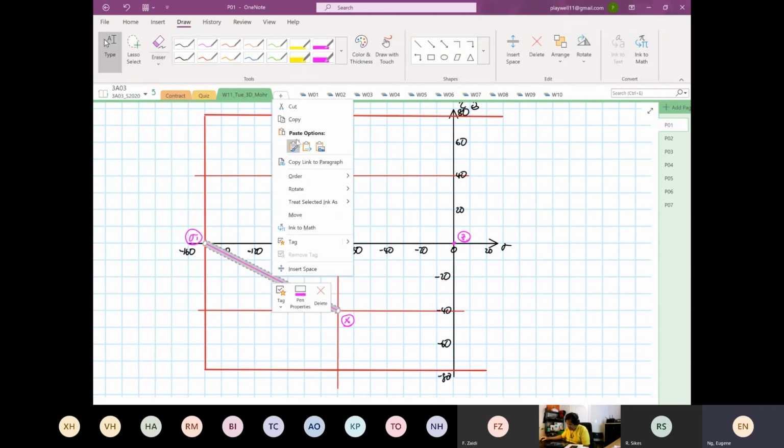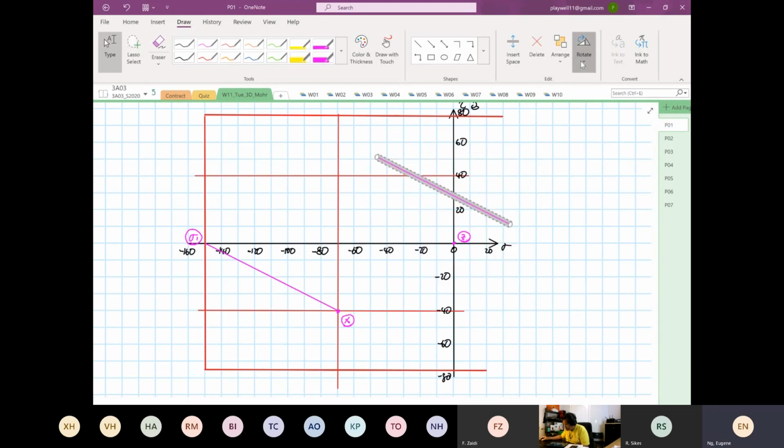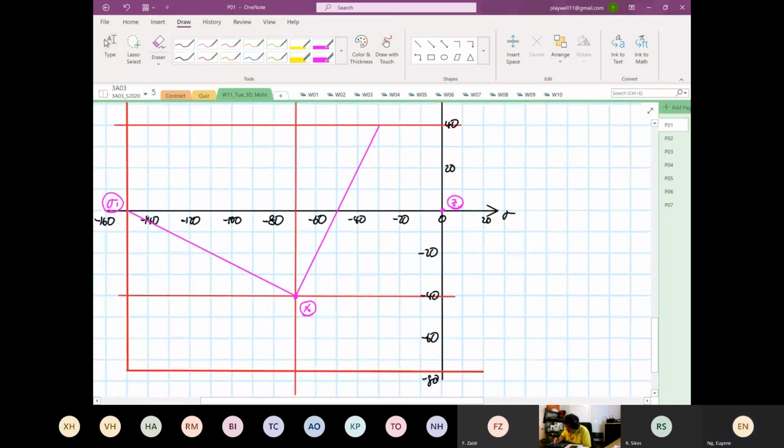If I copy, paste, and rotate this by 90 degrees, from here this is my stress 2 point, my principal stress. Same thing from here.